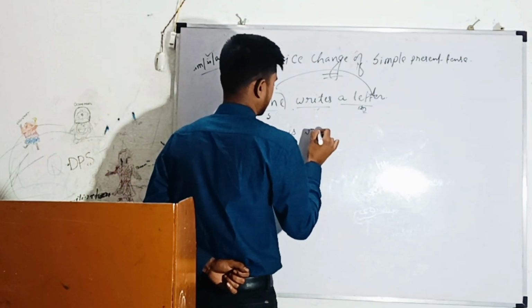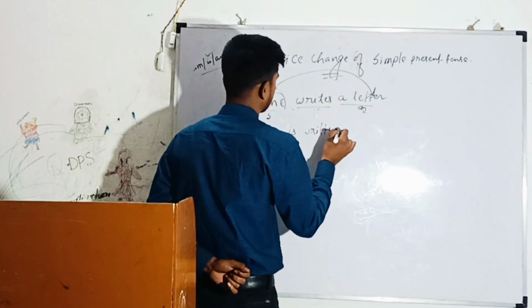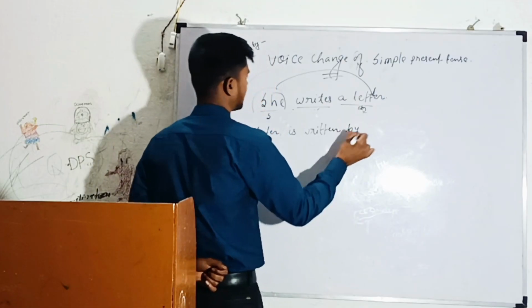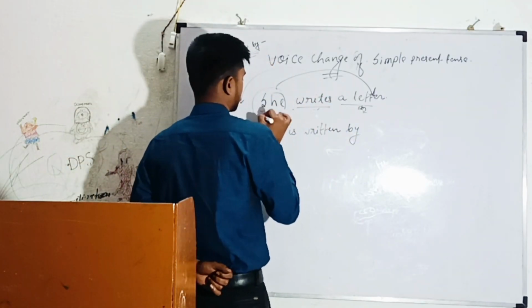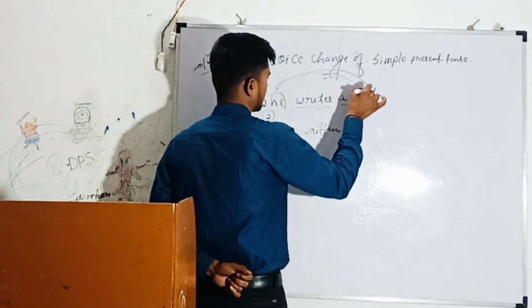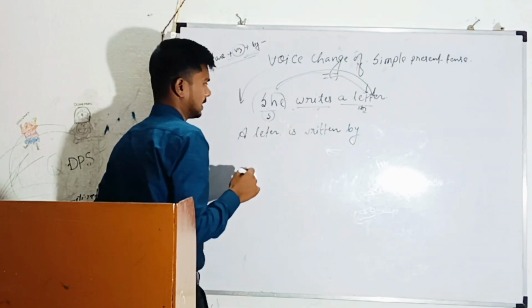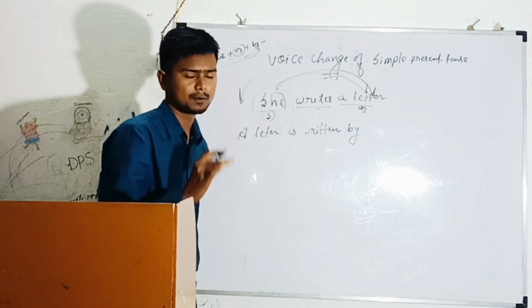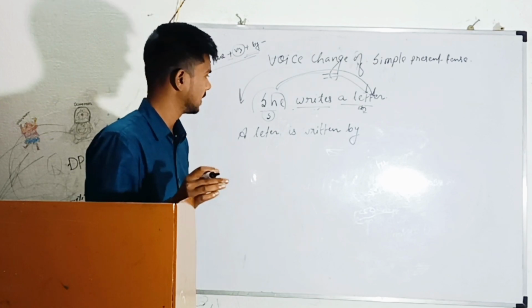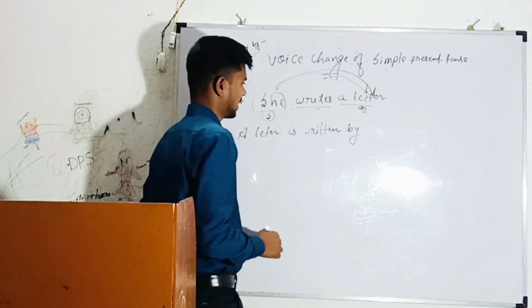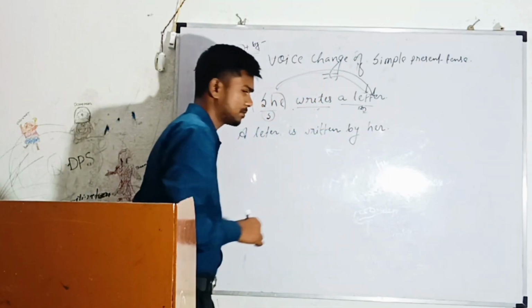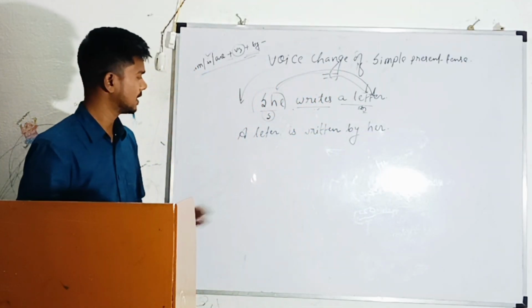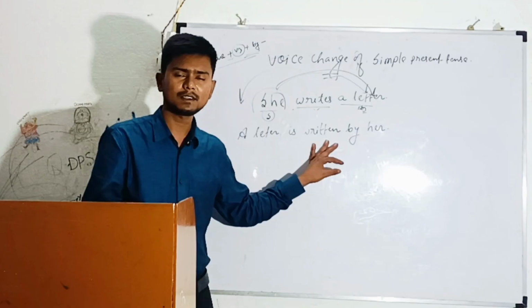Then bring the preposition according to the formula, and then the subject will go to the place of the object in the passive. When she becomes the object, it is changed into her. So the passive sentence is: A letter is written by her.